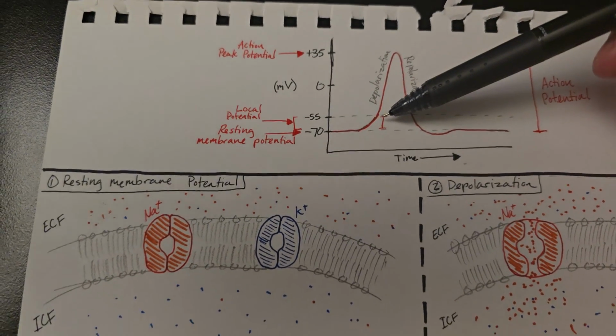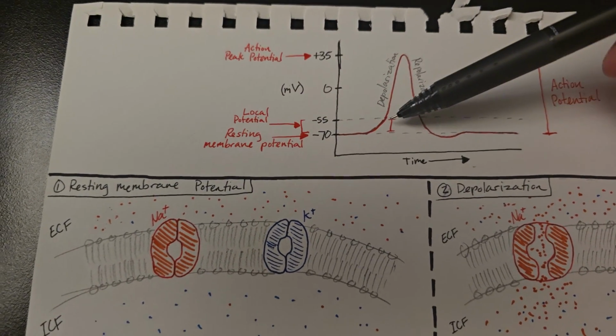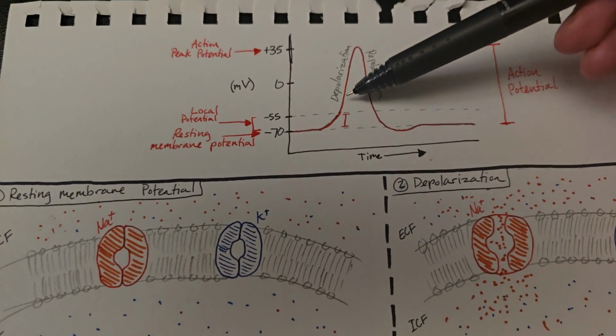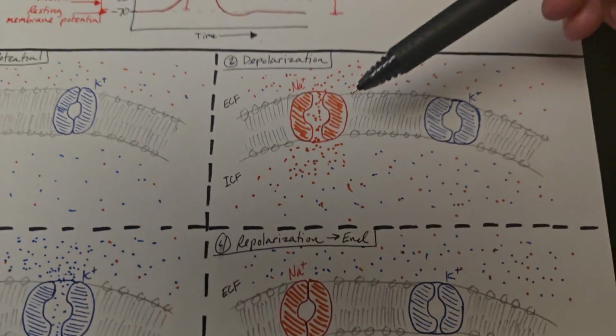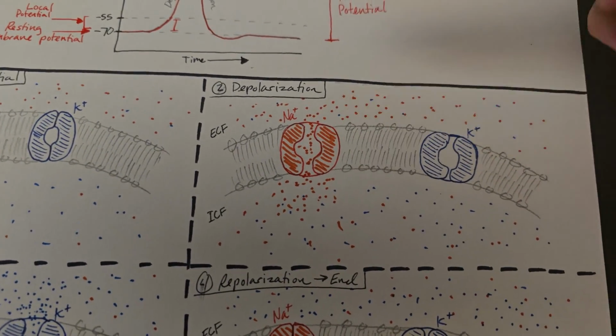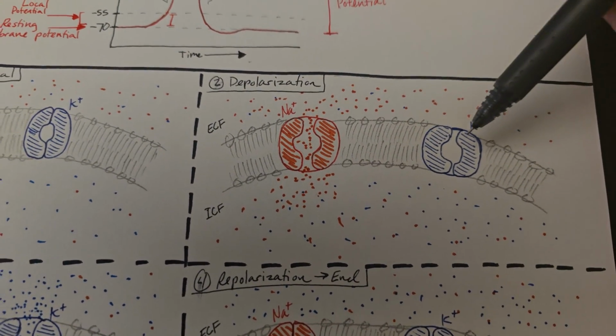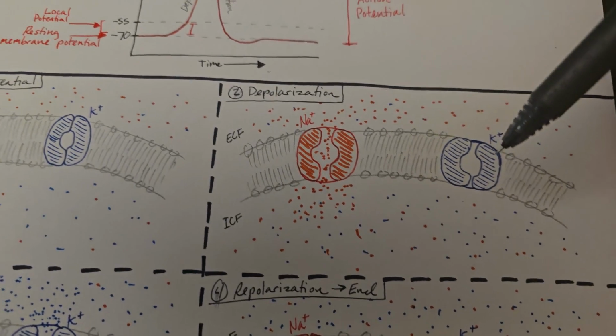At this point, the threshold potential, we can begin depolarization. When that happens, the sodium gate is going to open, and the potassium gate will be slightly open, but not quite there yet.